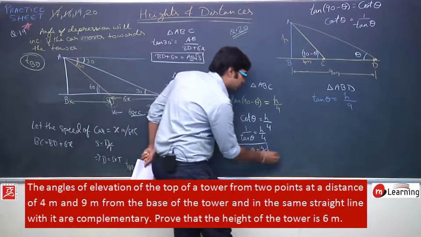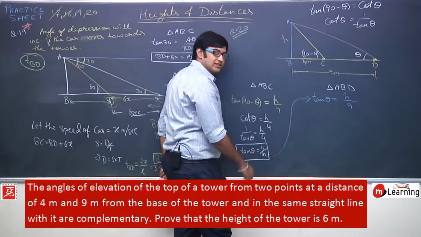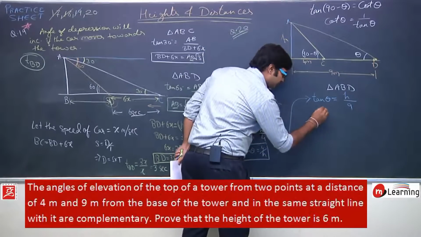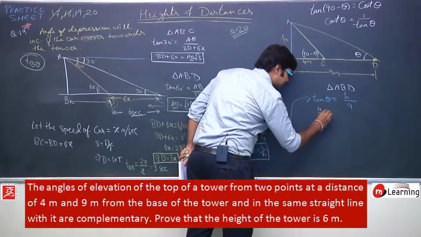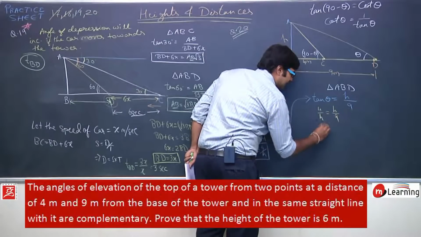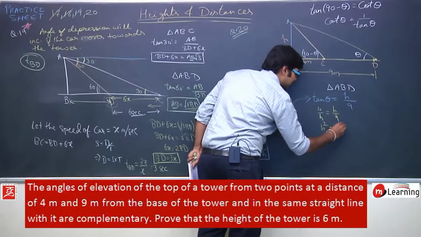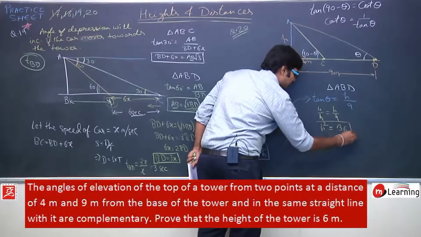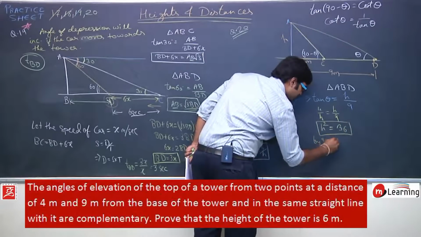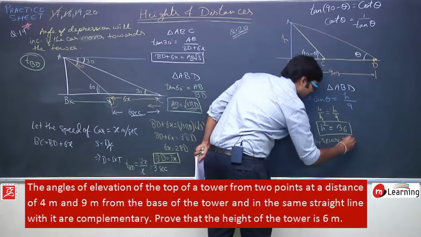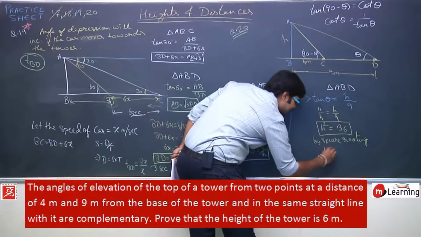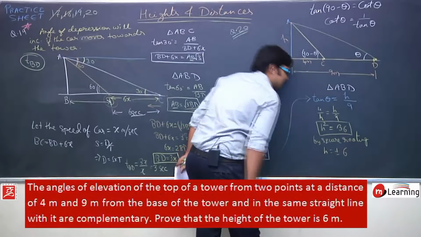So I can substitute this value in this equation and I will get 4 upon h is equal to h upon 9. So from here I will get h square is equal to 9 fours are 36. Now, by square rooting both the sides, you will get h is equal to plus minus 6.